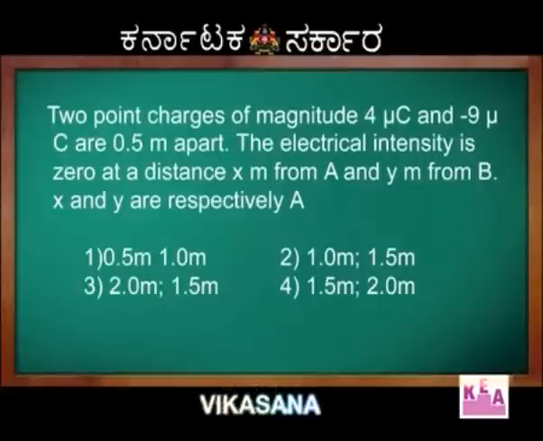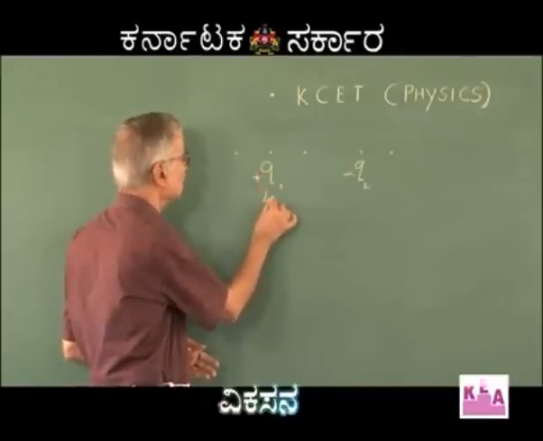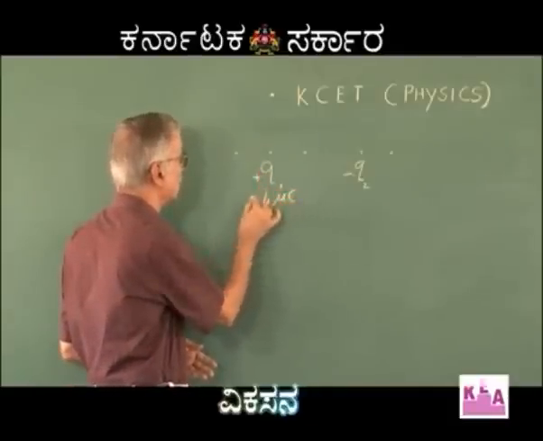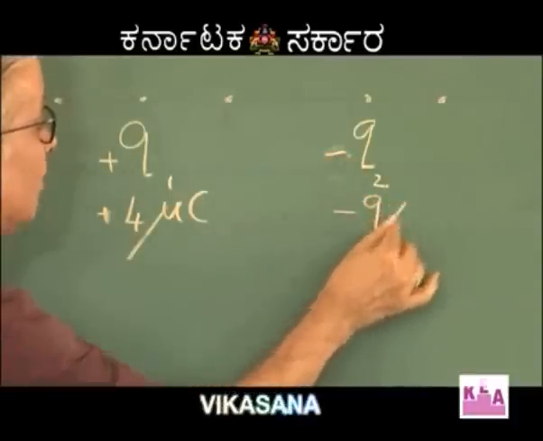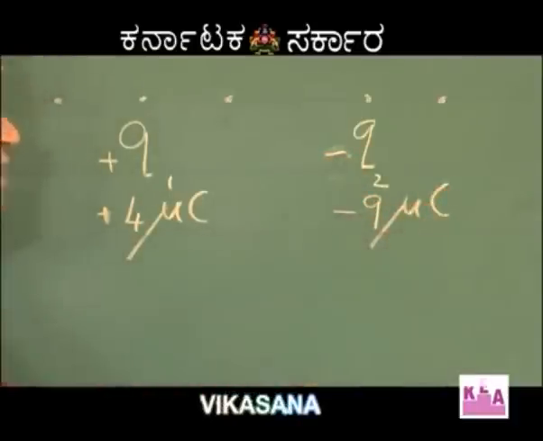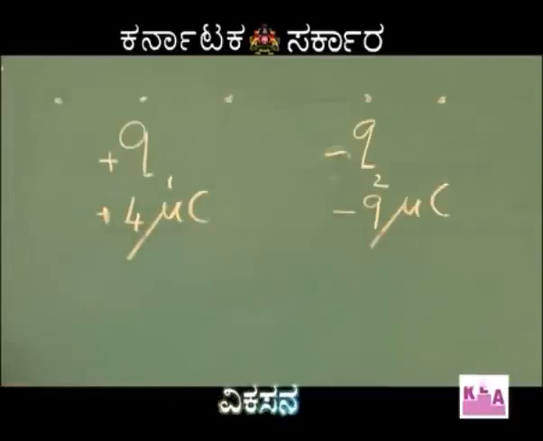Note one thing over here: in this case Q1 is equal to plus 4 microcoulomb and Q2 is equal to minus 9 microcoulomb. Therefore, the two charges are of opposite nature.